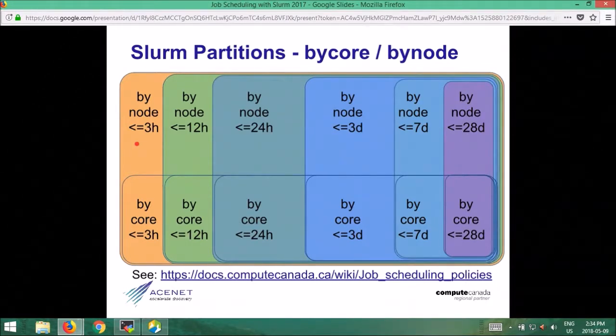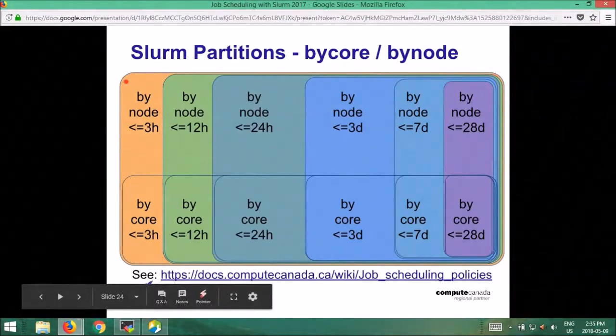A job that needs a whole node or some integer number of whole nodes and has a time limit of less than 3 hours gets access to, again, the whole cluster.